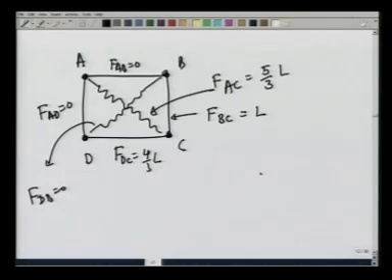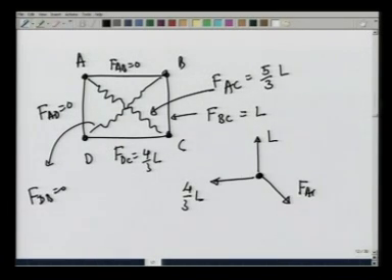With these forces, let us see if point A is under equilibrium. Remember, we found that on A there is a force in this direction which is 4/3 L. There is a force upwards which is L, and now I know, because of the tension in the rope, there is a force FAC which is 5/3 L. This angle is theta.